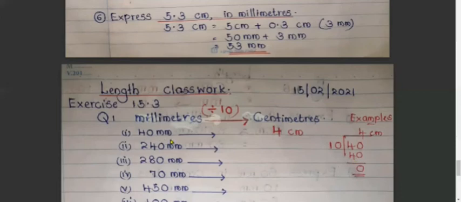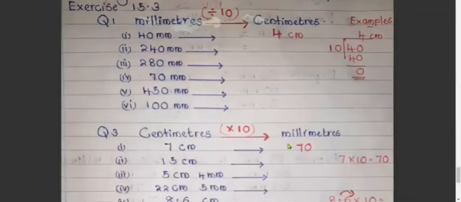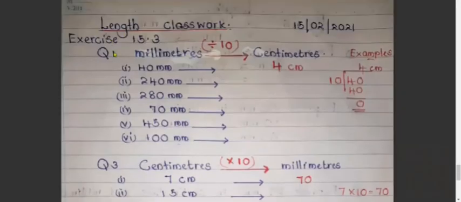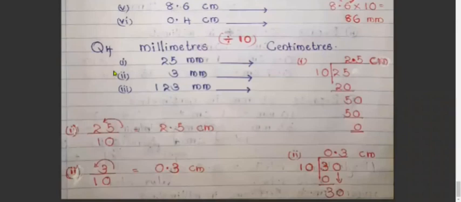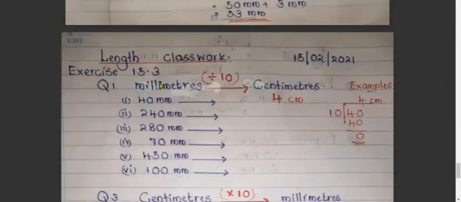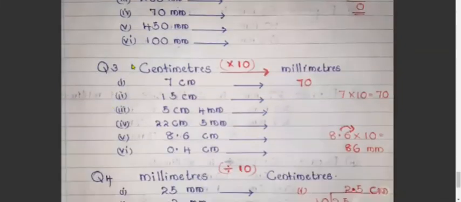So 40 millimeters means 4 centimeters. Then the next. I have given question number 1, 3 and 4, children. Exercise 15.3, question number 1, 3 and 4. This is the third question.